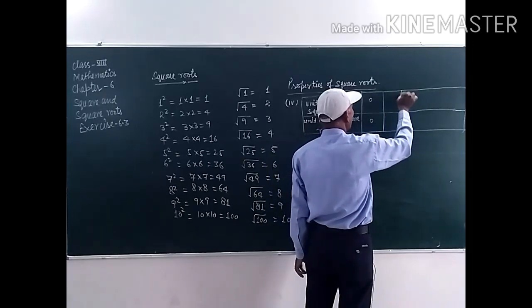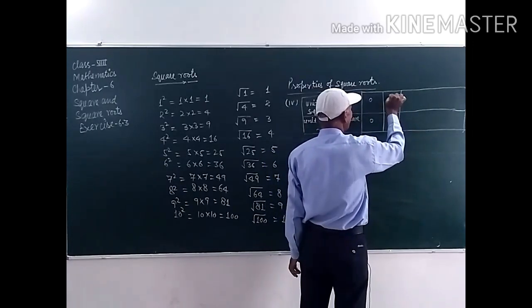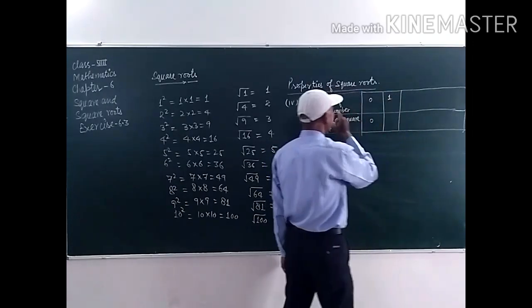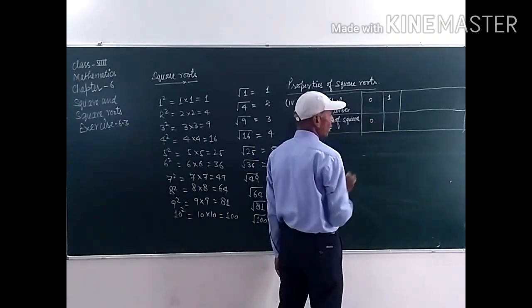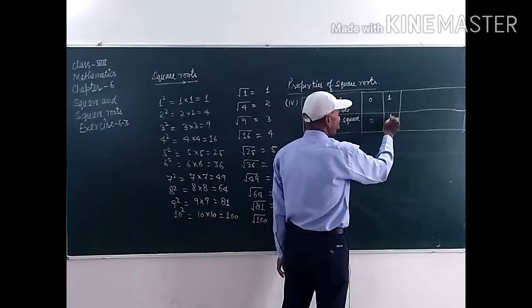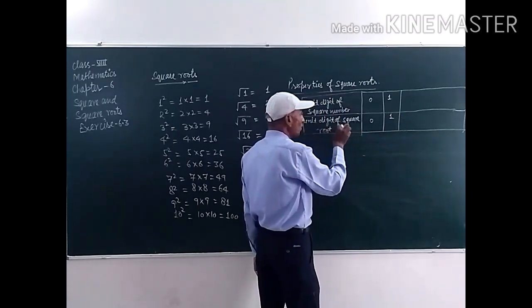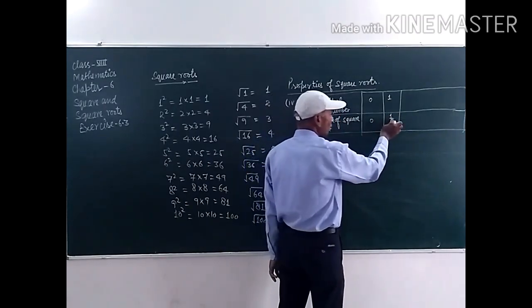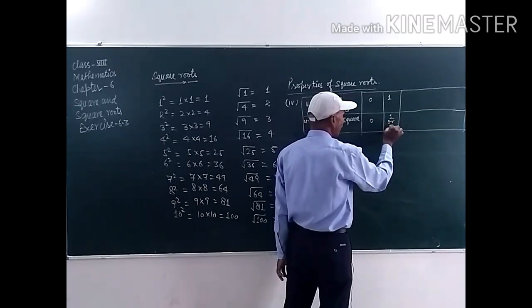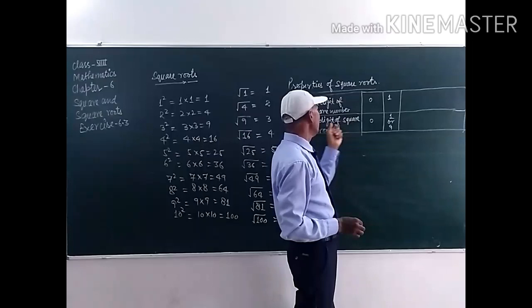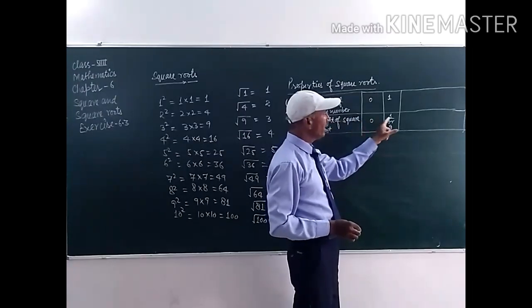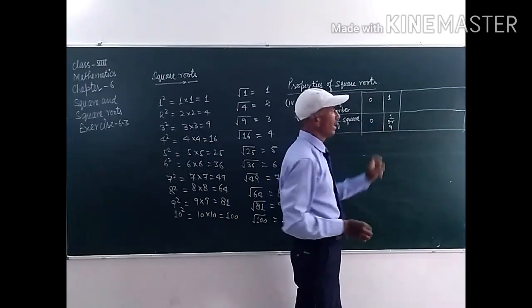And if the unit digit of the square number is 1, then the square root unit digit will be 1 or 9.